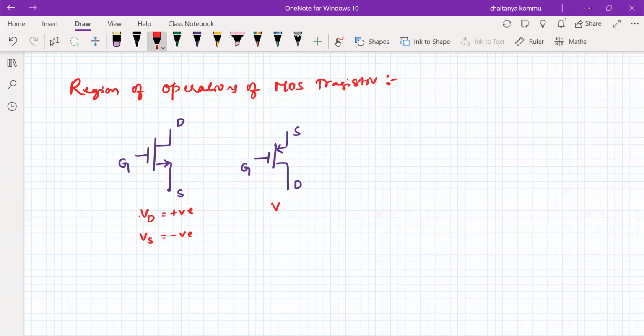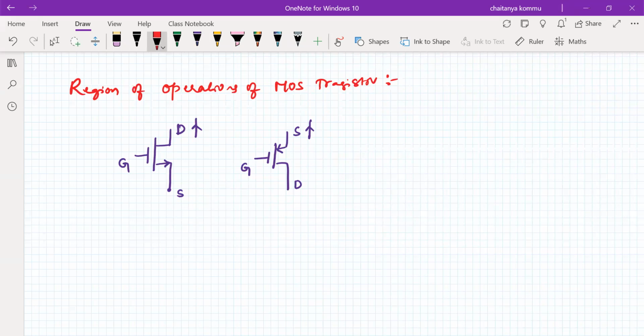In a general discussion, the potential at the drain is higher than that of the source in the case of an NMOS transistor. The potential at the source is higher than that of the drain in the case of a PMOS transistor.